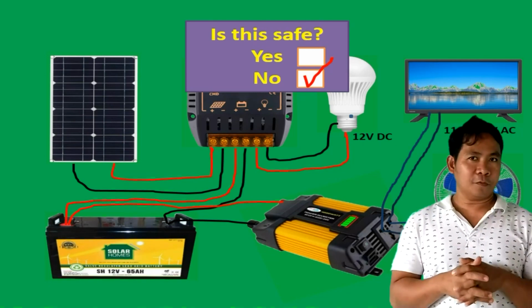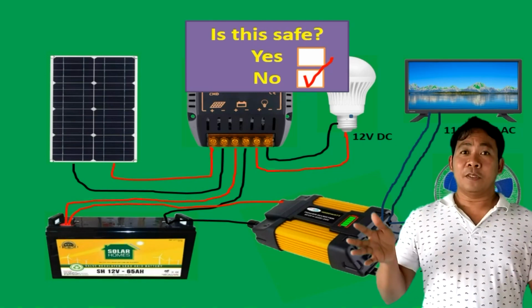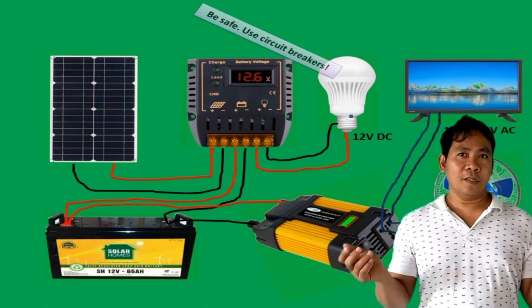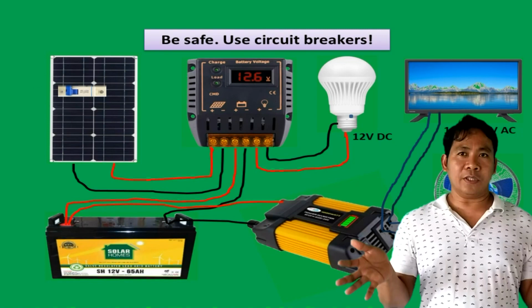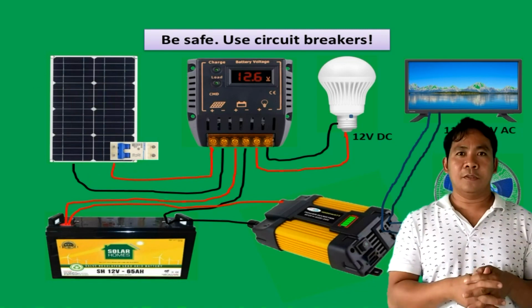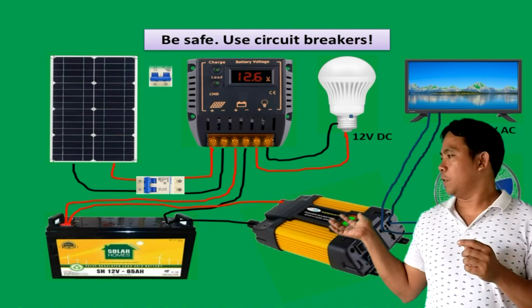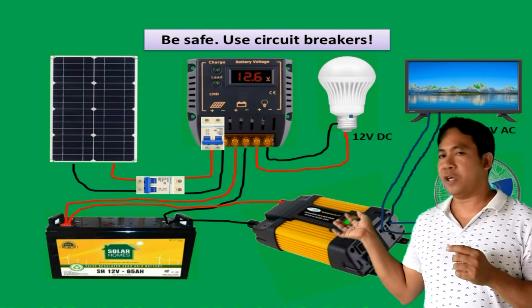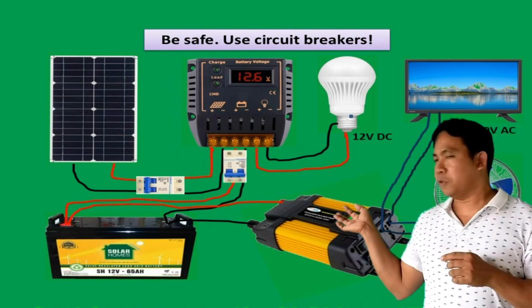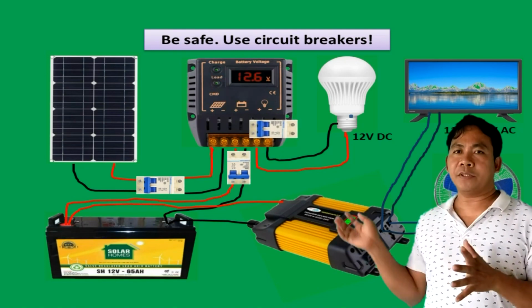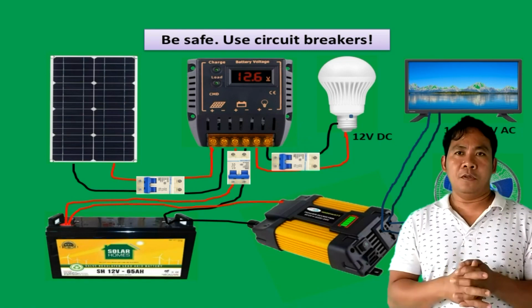So of course we need circuit breakers. Be safe and use circuit breakers. You can put circuit breakers in the solar panel before you go to the charge controller. And from the charge controller, you can put wires and also circuit breakers for your battery and for your DC load, 12 volts DC.